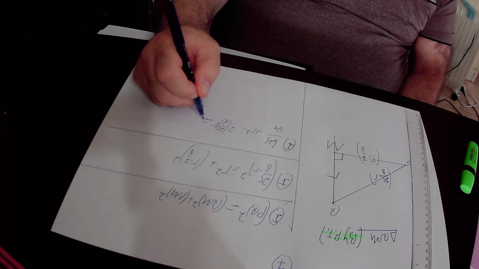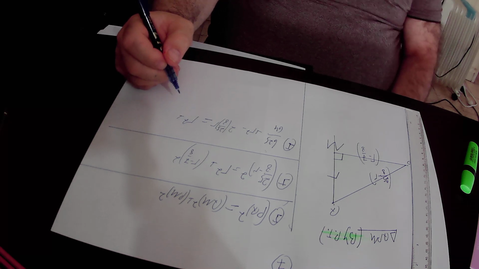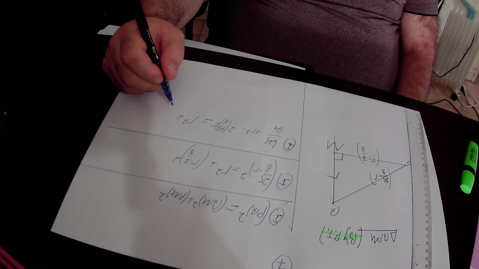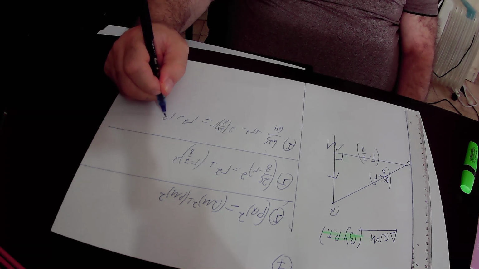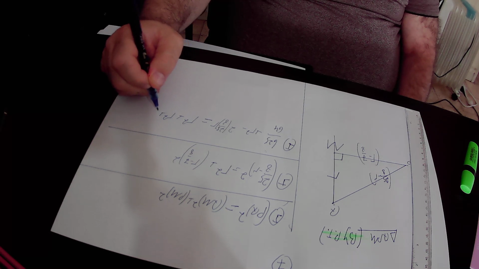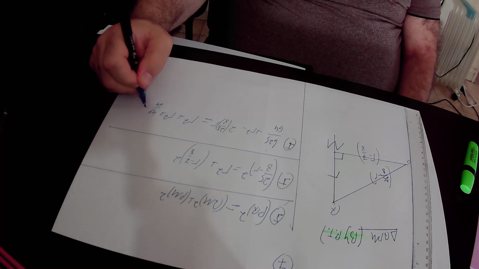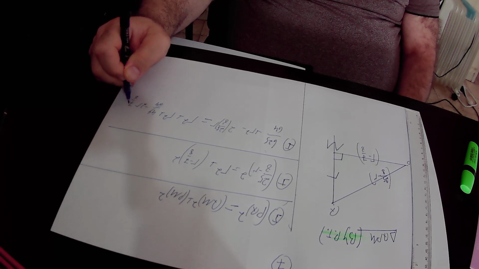On the other side of the equation we have r squared plus 7/8 squared, which is 49 over 64, minus 2 times r times 7/8.